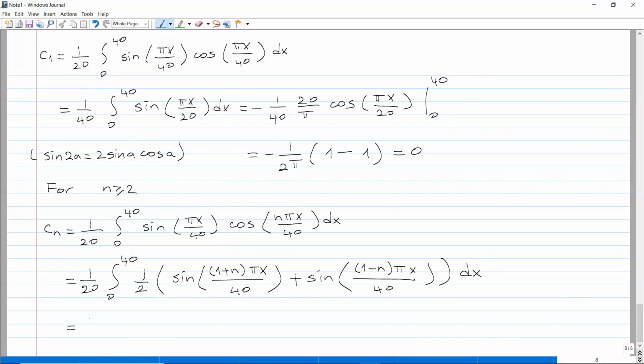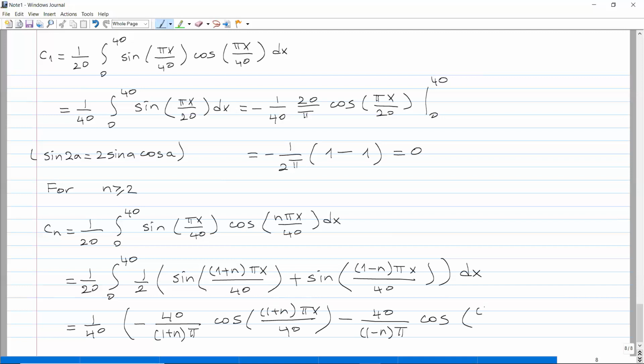Okay, so 1/2 meaning 1 over 40. The antiderivative here is minus 40 over 1 plus n pi cosine of 1 plus n pi x over 40, and minus 40 over 1 minus n pi cosine of 1 minus n pi x over 40, from 0 to 40.